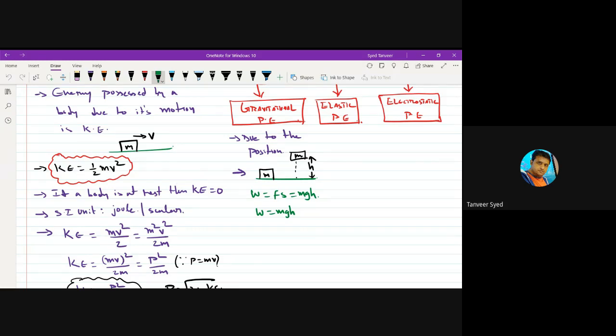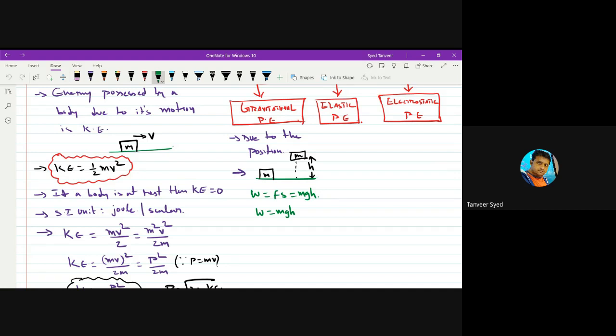Where will this work go? You have done work, which means you have spent energy, because energy is the capacity of a body to do work. If you have done mgh amount of work, then your energy has decreased by mgh, right?